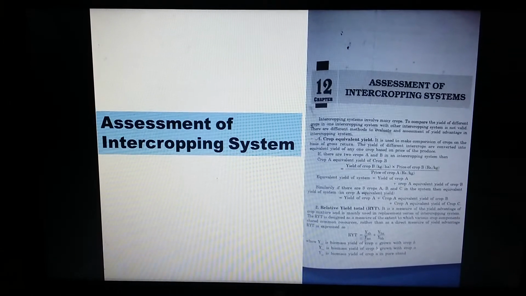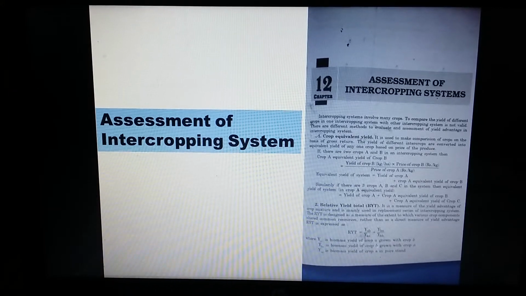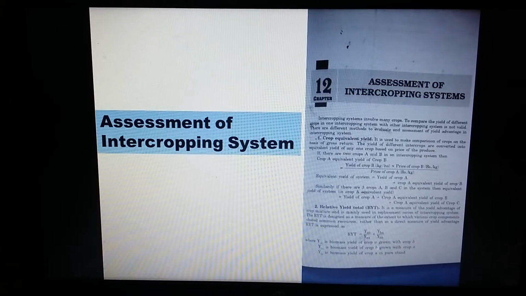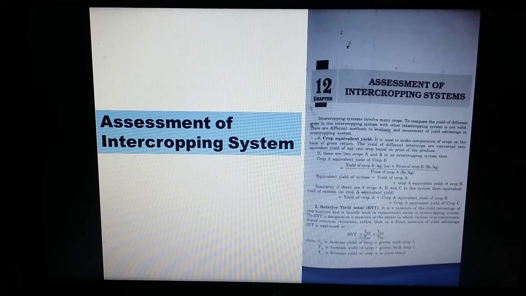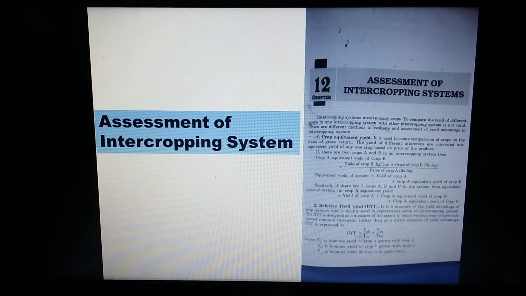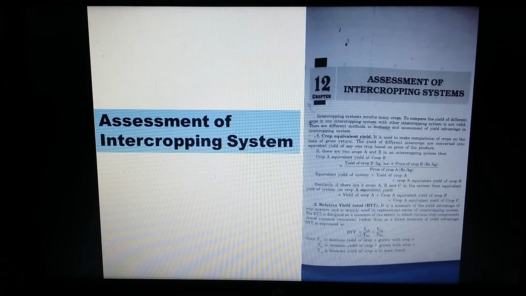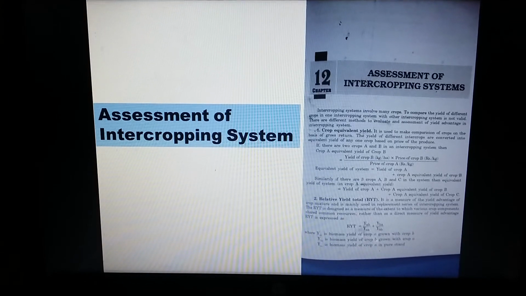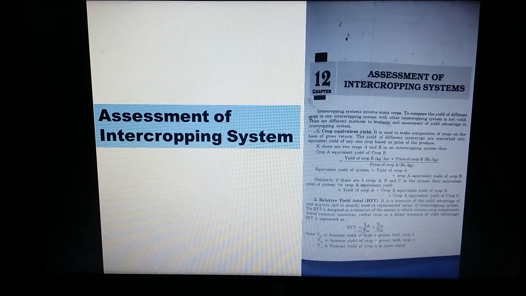So we can go for the intercropping of two crops, even for the intercropping of more than two crops. So it is very clear that intercropping systems involve many crops. To compare the yield of different crops in one intercropping system with another intercropping system is not valid.